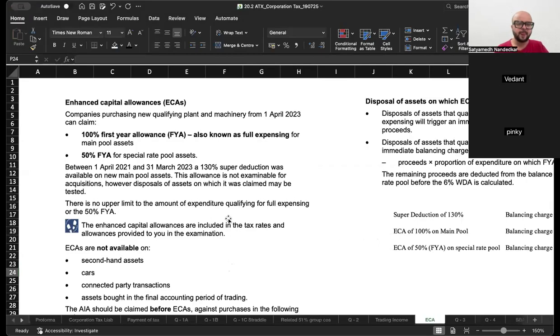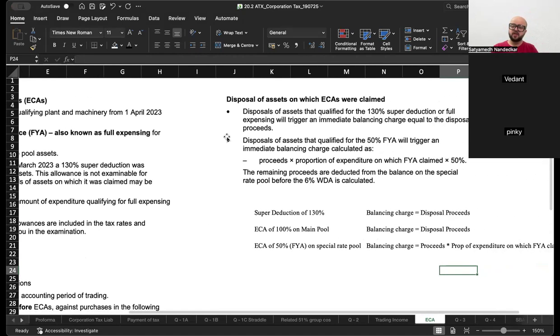Look at this: Enhanced capital allowances. Companies purchasing new qualifying plant and machinery from 1st of April 2023 can claim 100% FIA for main pool assets, 50% FIA for special rate pool. Disposal of asset on which ECA is claimed: disposal of assets that qualified for 130% super deduction or full expensing will trigger an immediate balancing charge equal to disposal proceeds.